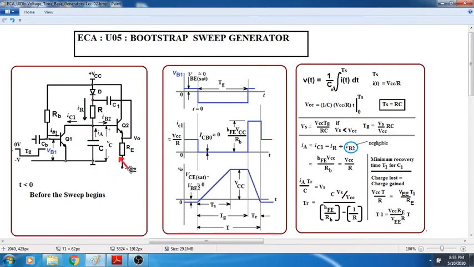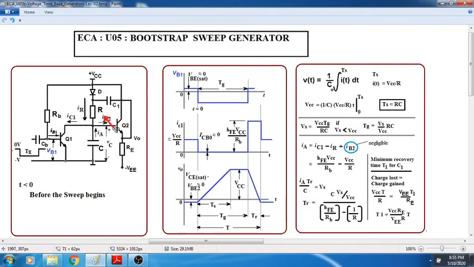Now this circuit has to produce an output at V0 which is linearly increasing with time during the sweep phase and linearly falling with time during the retrace time. While it is sweeping or tracing, V0 should increase linearly, and while it is retracing it must linearly fall. Okay. Now some mechanism must be there for this charging and discharging to be enabled.